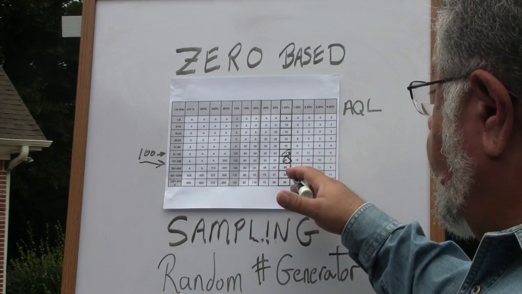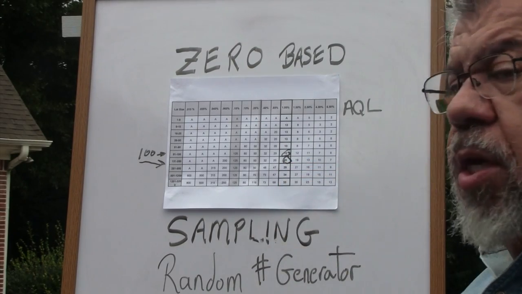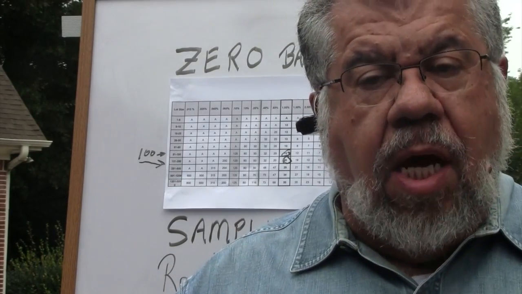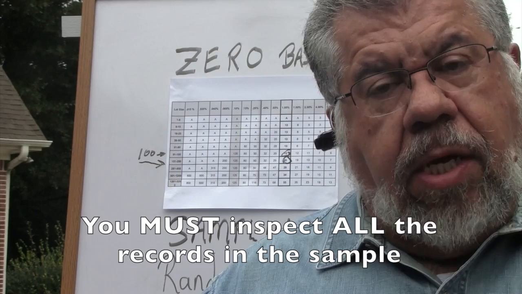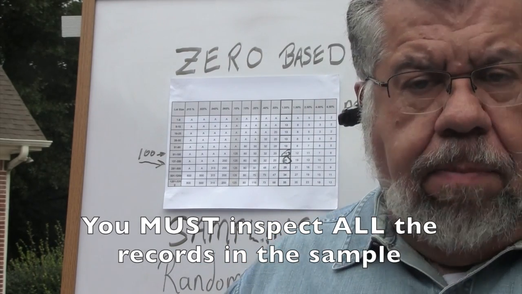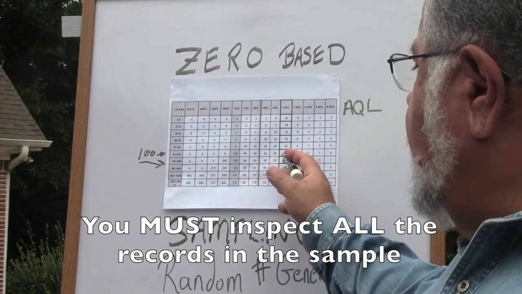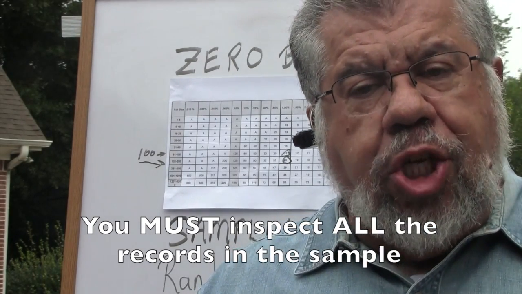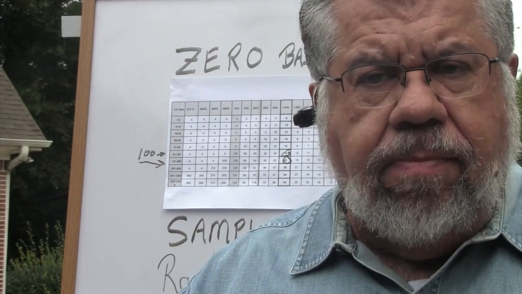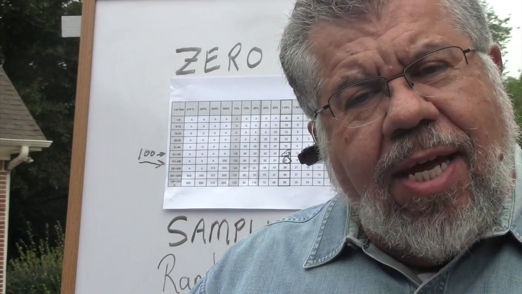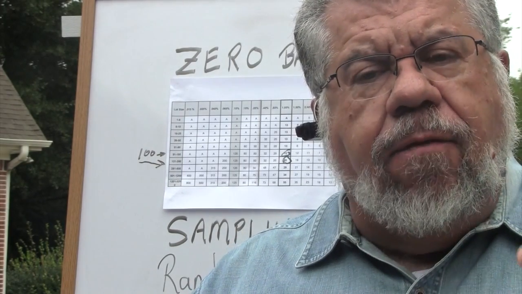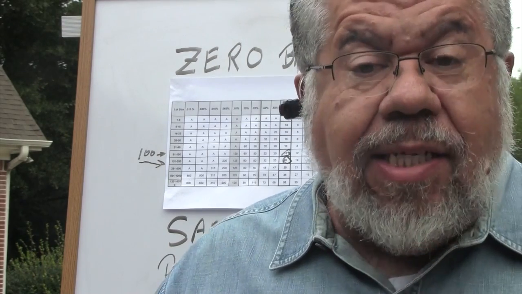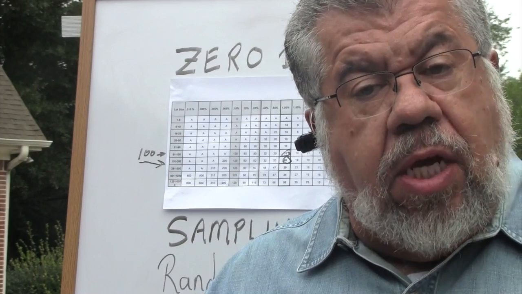Now, the sampling plan is designed so that the operational curves encompass the entire sample. What does that mean? If you're using the sampling plan and you have a sample, let's say of 13, you must check all 13 samples. Now what that means is, let's say I find the very first sample I pull is non-conforming. Well, yes, the lot fails according to the sampling plan.